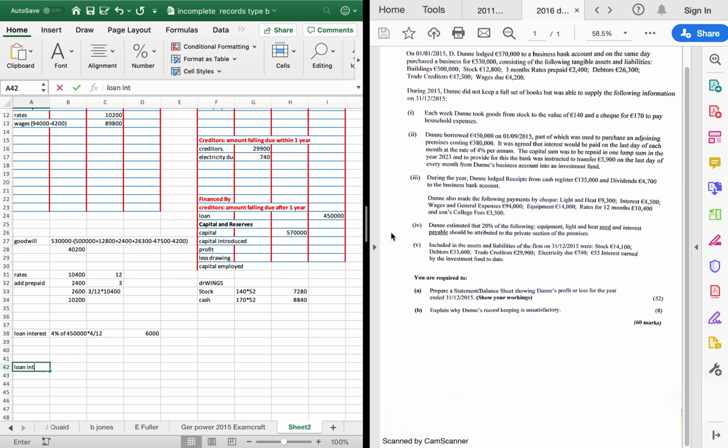Remember, loan interest due is going to be 6,000 minus whatever he's paid. He's paid interest of 4 or 5, which means there's a loan interest due of 1,500, which is a current liability.